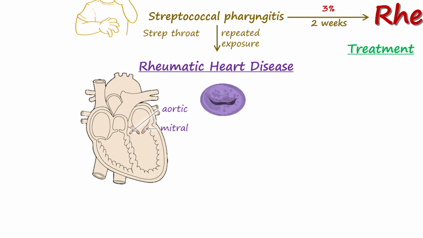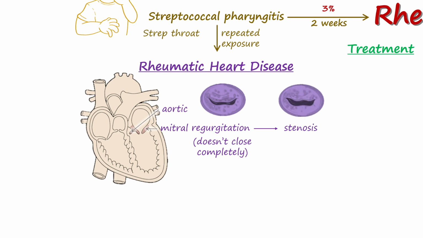These alterations in valve structure can lead to mitral regurgitation, where the valves fail to close completely. Over time, this can progress to stenosis, resulting in a narrowing of the valve opening, sometimes referred to as fishmouth or buttonhole stenosis. These roughened areas also increase the risk of microbial attachment and invasion, a condition known as infective endocarditis.